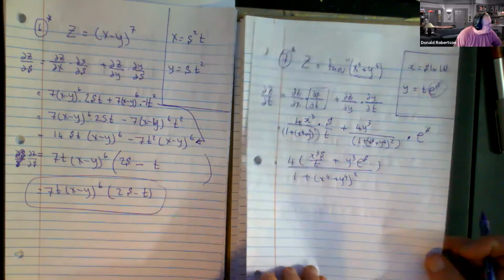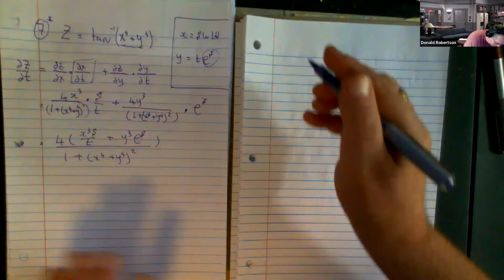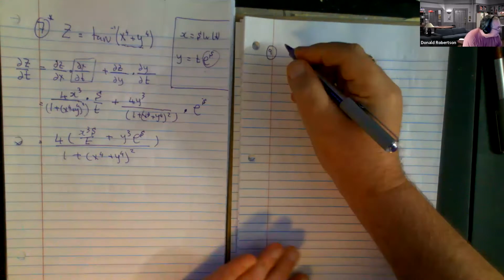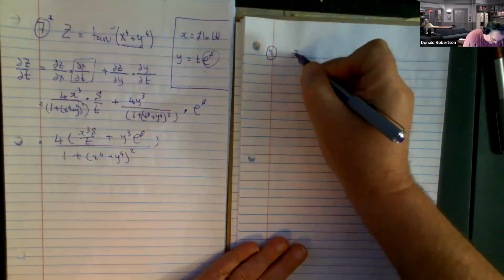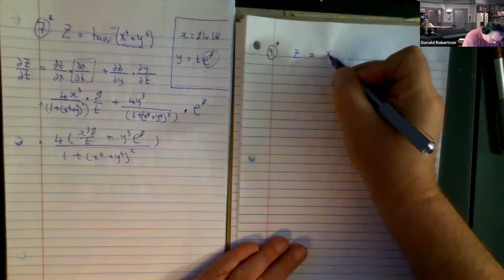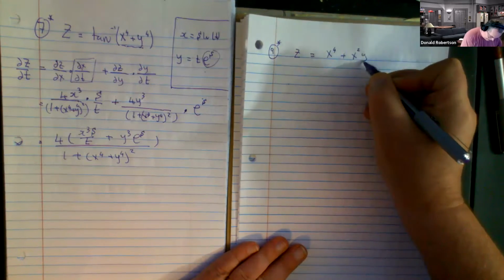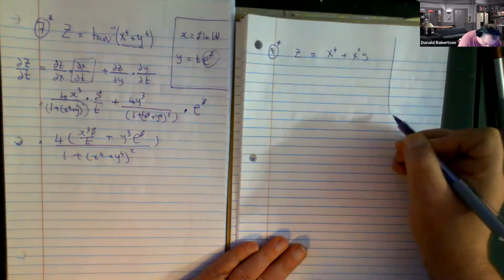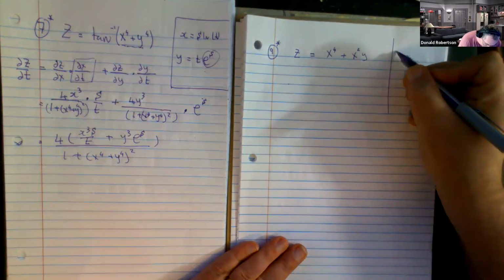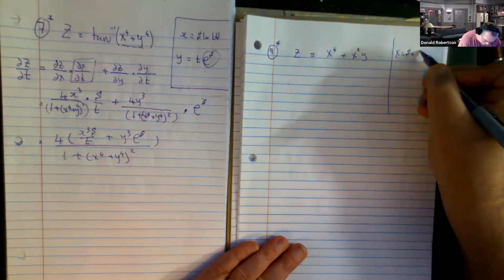So, next fella, let's go on to odd ones then. Let's do 9. z is equal to x to the 4 plus x squared y. And x is now a function of s, t, and u.